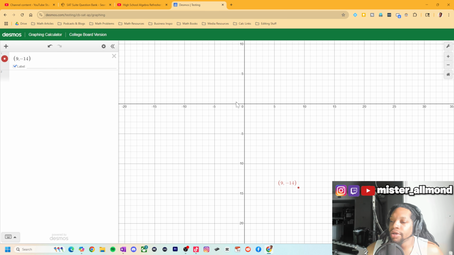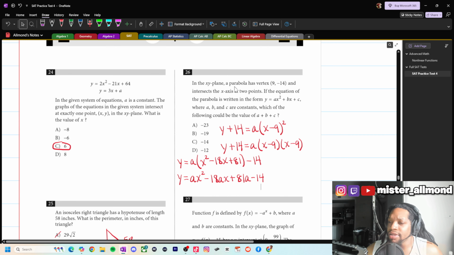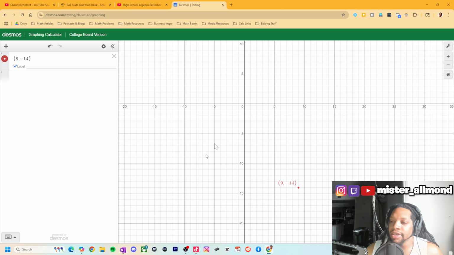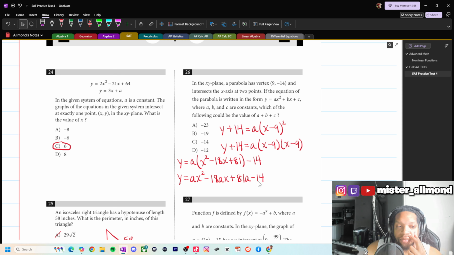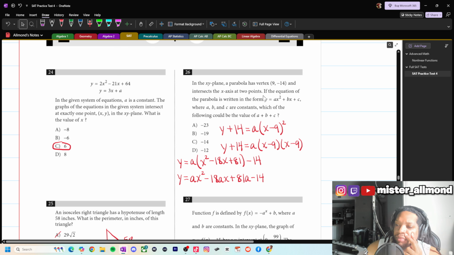Then in order to touch, because didn't it say it touched the x axis twice, I would have to be concave up. So that means A would have to be positive, which means negative 18a for my B would be negative. And then that 81a minus 14 is super positive. This one's hard.